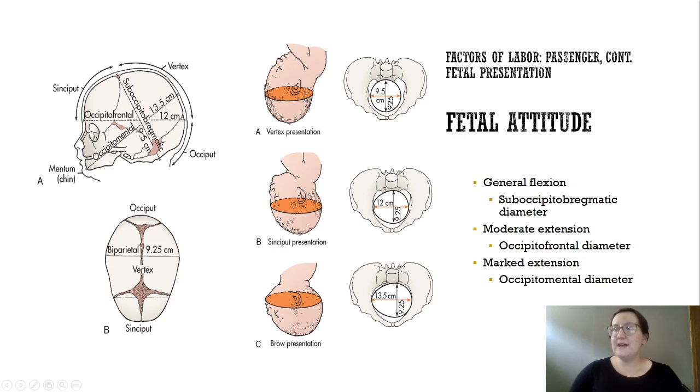So, like I said, we have three main attitudes. And again, I want you to think about these presentations right here. We've got vertex, sinciput, and brow presentation. Okay, these three presenting parts are all going to be cephalic in this case.